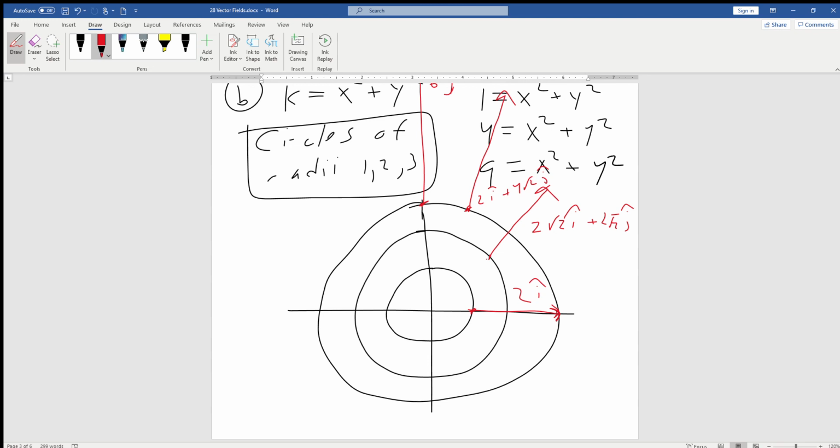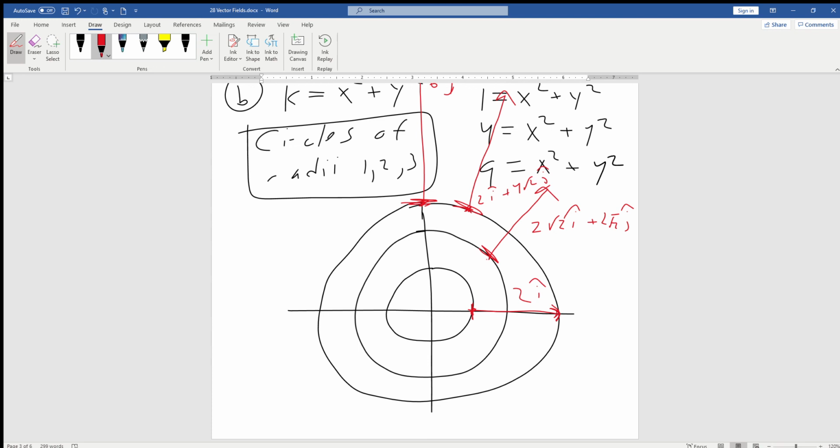Now the last part of the problem is, what deduction can you make about the relationship between the gradient vector as well as the level curves? And what you may have noticed already is that every time that we construct one of these gradient vectors, it looks like that not only is it not tangent to the point, it's actually going to be perpendicular to the point, or orthogonal to the point.